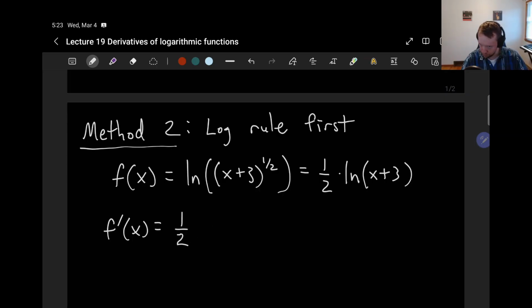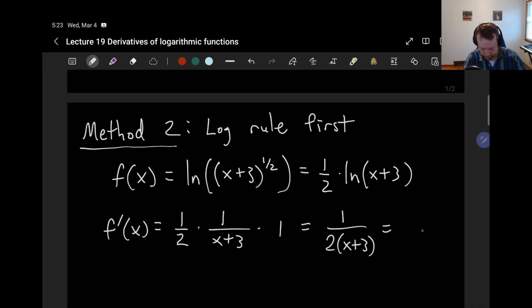This is a lot less complicated than the natural log of a square root. We get 1 over x plus 3 times the derivative of x plus 3. It's just 1. And this is the same answer that we got with the first method. That means we probably did something right.